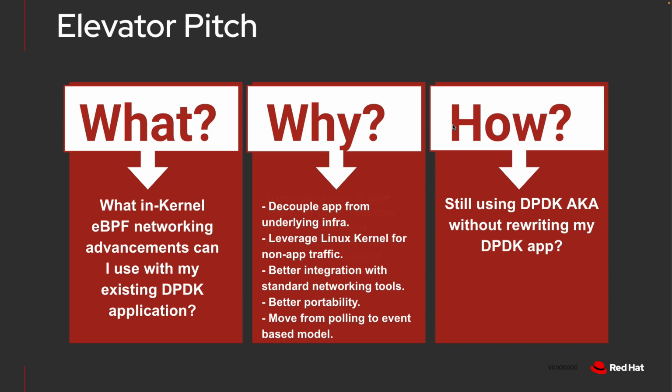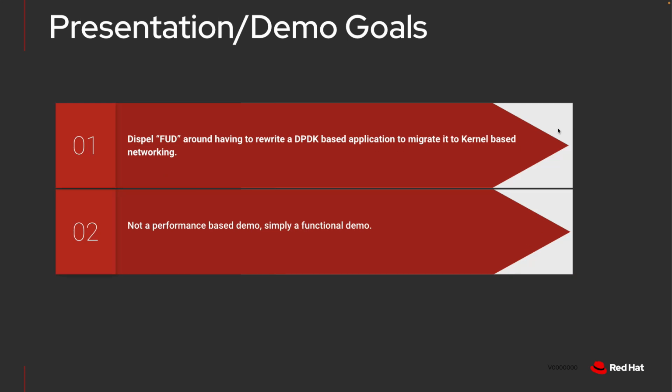So one of the things I would like to highlight before we get into the meat of this demo and presentation is the goal of this demo. One of the things that we want to do is dispel the whole FUD around having to rewrite a DPDK application if you want to migrate it to use AFXDP.